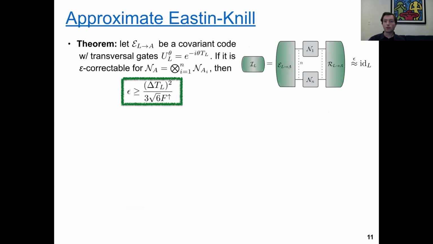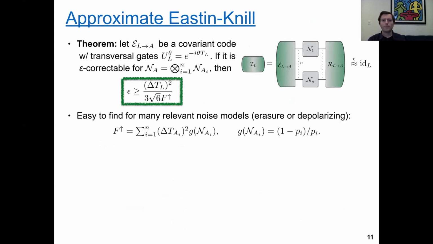So let's look closer at it now. First, this quantity f up is quite easy to find for many relevant noise models.